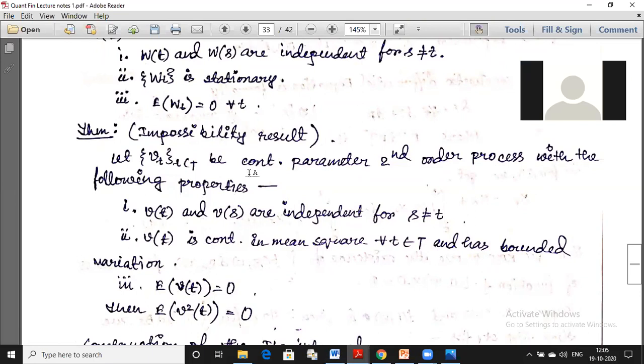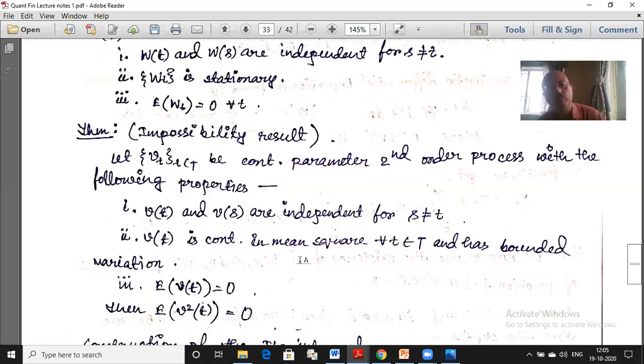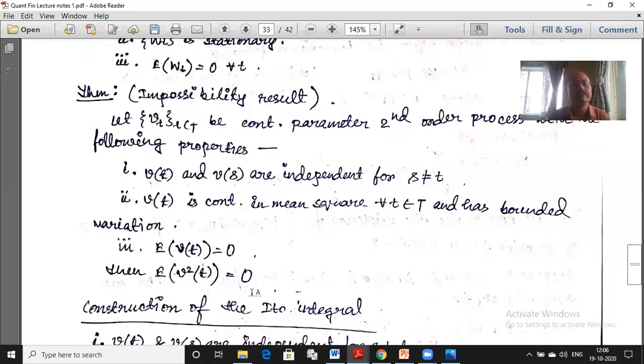So we took the independence, we took the mean centering, and along with stationarity, we are actually asking for something more. We are asking for continuity in mean square and bounded variation. All of these sound like quite reasonable requirements. Trouble is, if I assume all of these things on Vt, then Vt has zero variance.